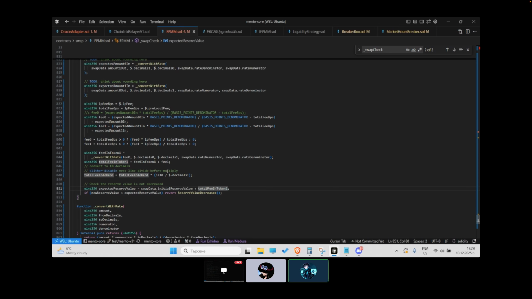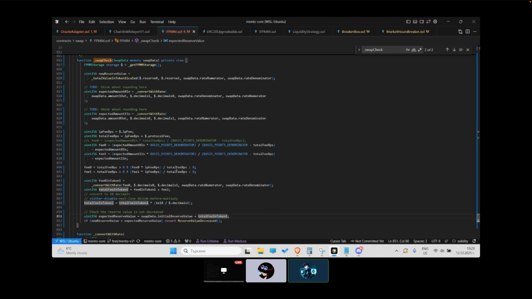So yeah, we need to make sure this total fee in token one is correct. But it's weird because the new reserve value already removed the protocol fee.